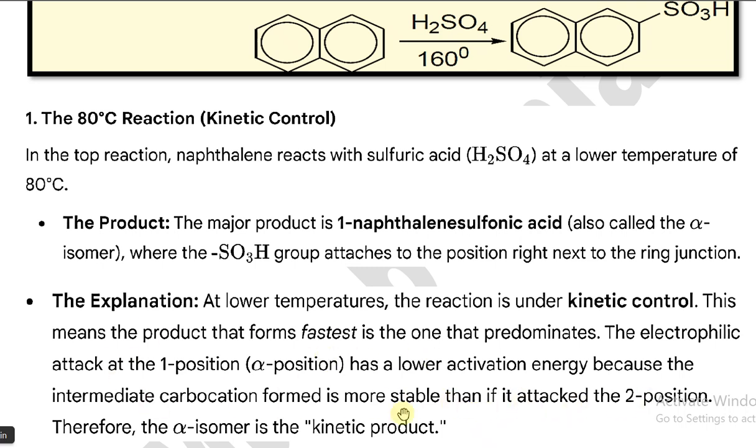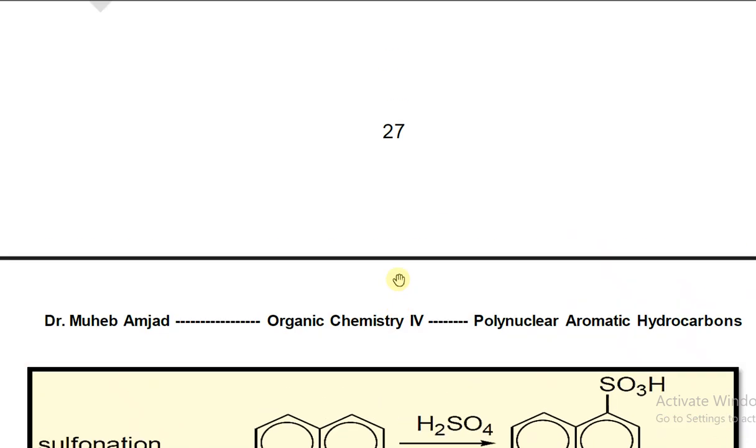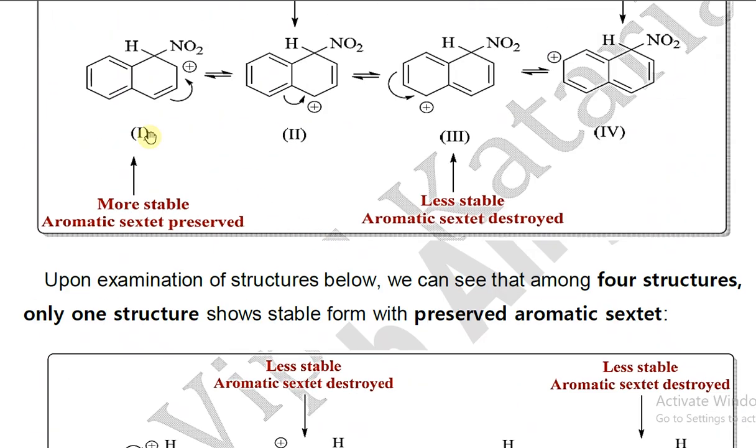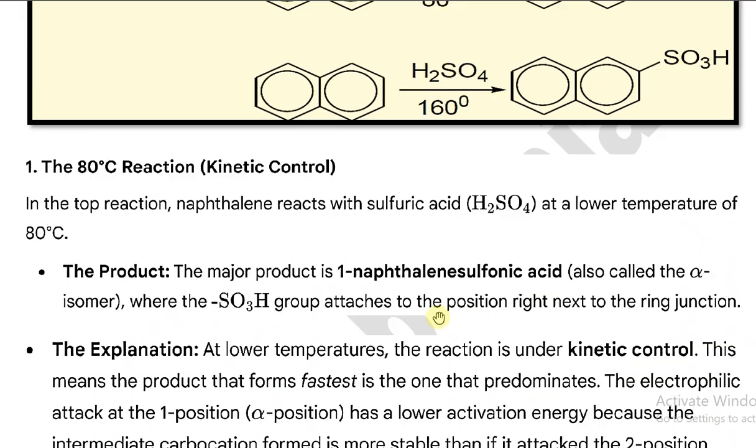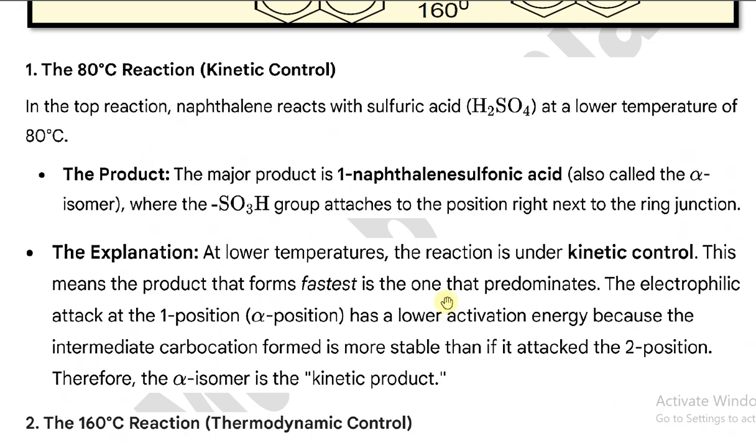The same explanation applies here and here. More stable means it has lower energy. So under low temperature, kinetic control, it will predominate.